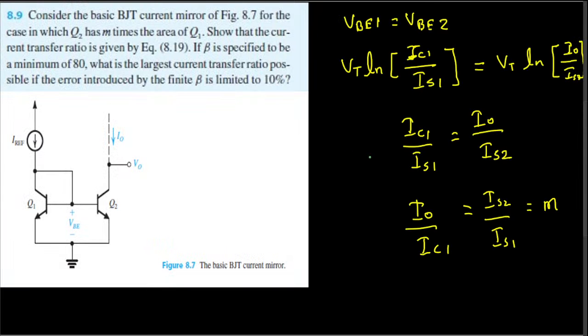Here we have I0 over IC1 is equal to IS2 over IS1, that is equal to M. So I0 over IC1 is equal to M, and if we rearrange in terms of IC1, that is I0 divided by M.